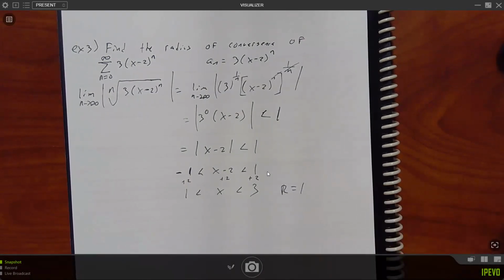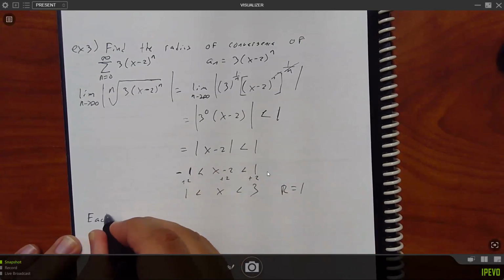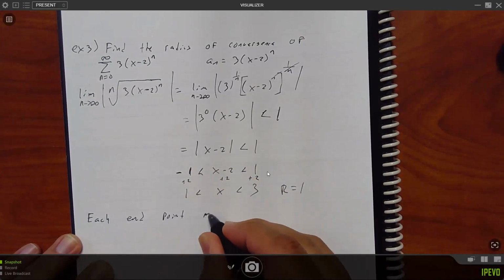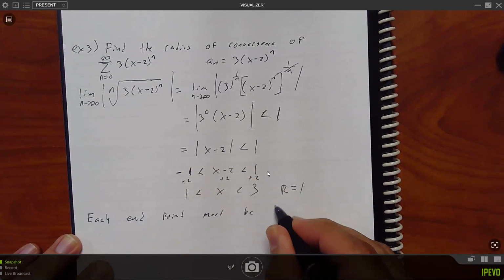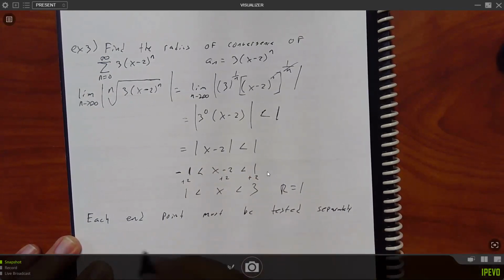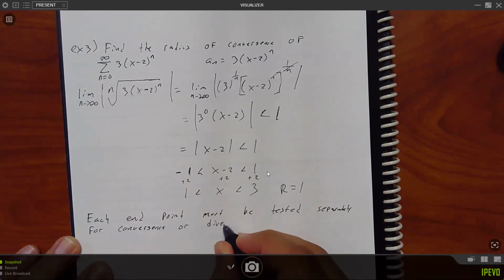Right. So let me write you a note here. Each endpoint must be tested separately for convergence or divergence.